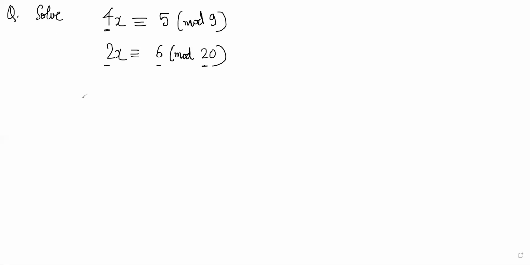Can I multiply the second equation by 2, like 4x is congruent to 12? Yeah, multiplication of a congruence is never a problem, but it would be nicer if you just divide, right?